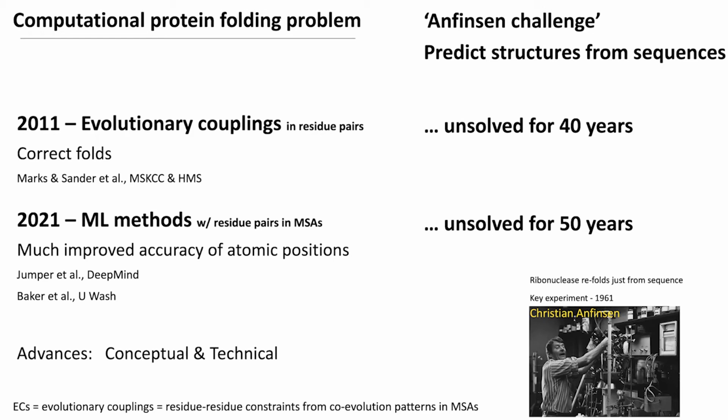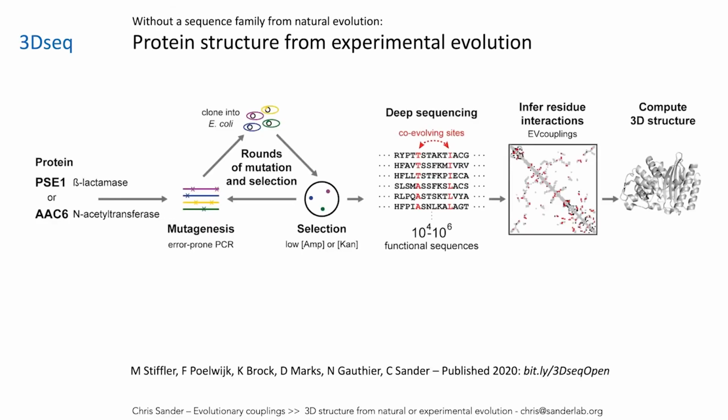And that now has been solved by the new method that uses machine learning and does a much better job at improving the accuracy of atomic positions in a way that will be broadly useful, however, not necessarily for drug design. So there's a conceptual advance, roughly speaking, and some technical mathematical one in 2011, and more technical advance in 2021.